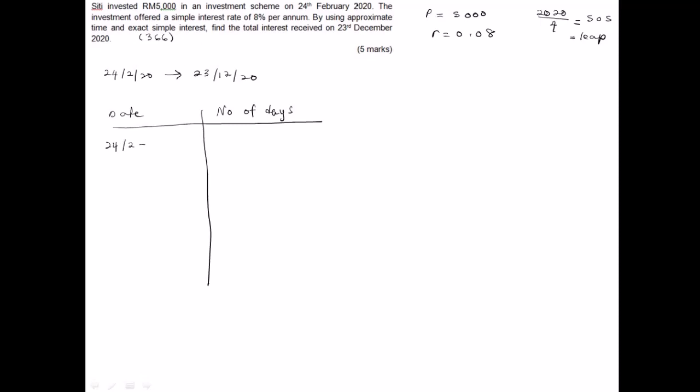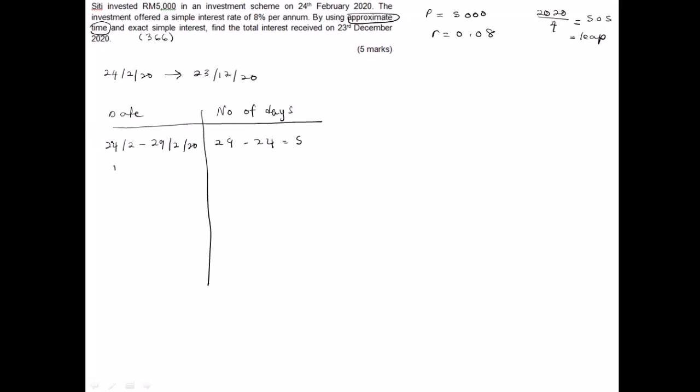Because 2020 is a leap year, we have 29 days in February. So 29 minus 24, 5 days. After February, March. Oh, sorry. I'm sorry. I made a mistake here. Okay, I should be more careful.